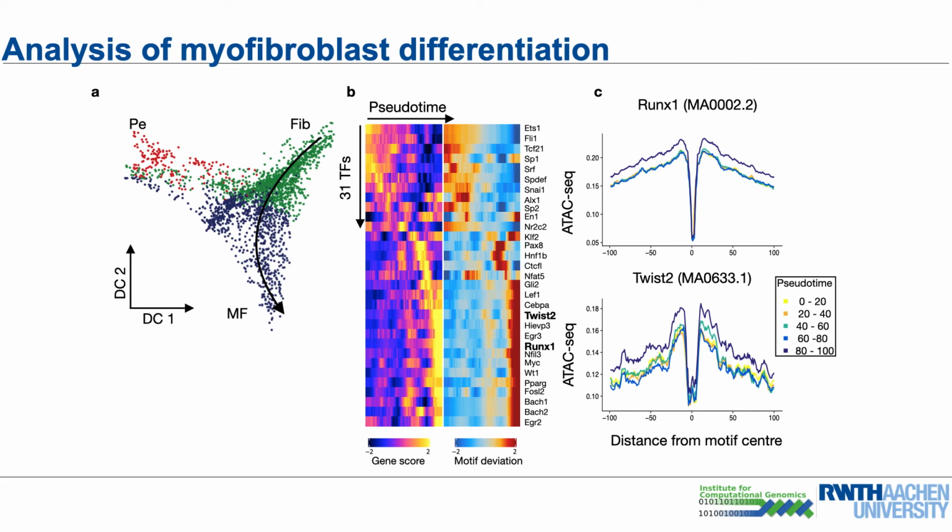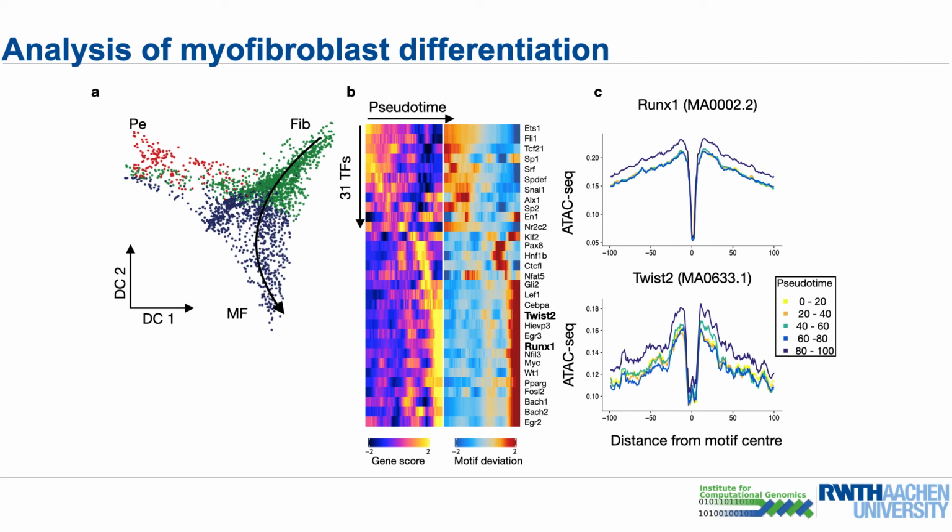Next, we built a cellular trajectory across the differentiation from fibroblasts to myofibroblasts. And then we calculated the correlation between the TF gene accessibility and the binding activity along the trajectory, and we identified a number of factors which are relevant for this process.